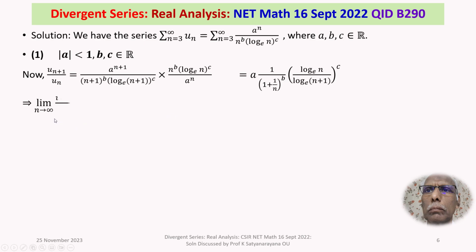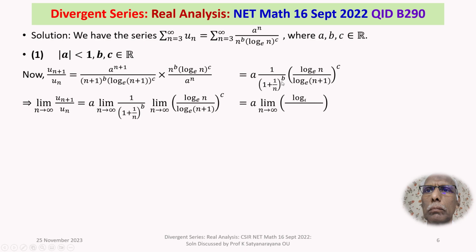Taking the limits on both sides, limit n tends to infinity un plus 1 by un is equal to a into limit n tends to infinity of 1 by 1 plus 1 by n to the power b, times limit n tends to infinity of log n to the base e by log of n plus 1 to the base e, whole power c. When you take the limit, 1 plus 1 by n to the power b will become 1, and a into the limit of the remaining term.